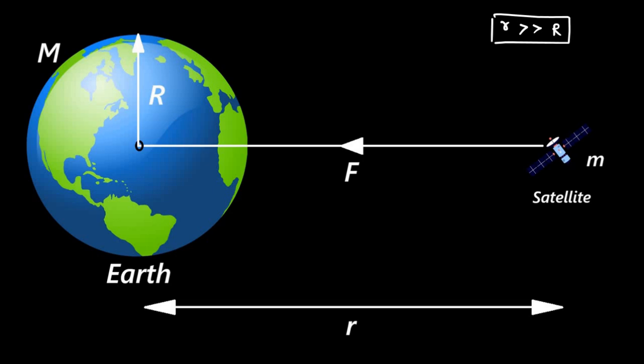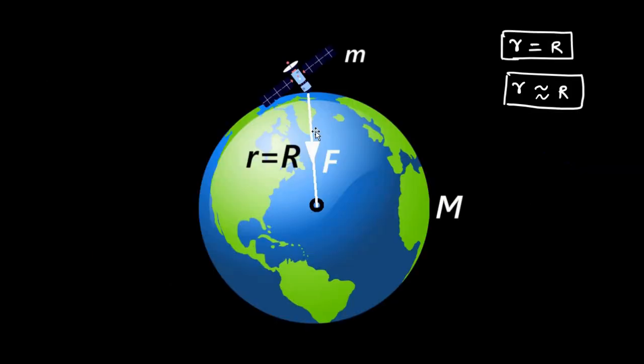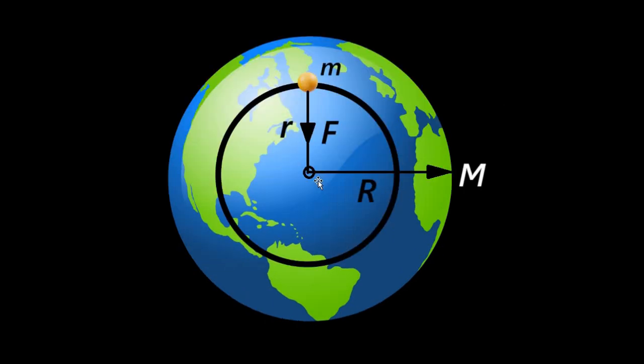The magnitude is different because of its location, but the nature of the gravitational force is that it is always directed towards the center.